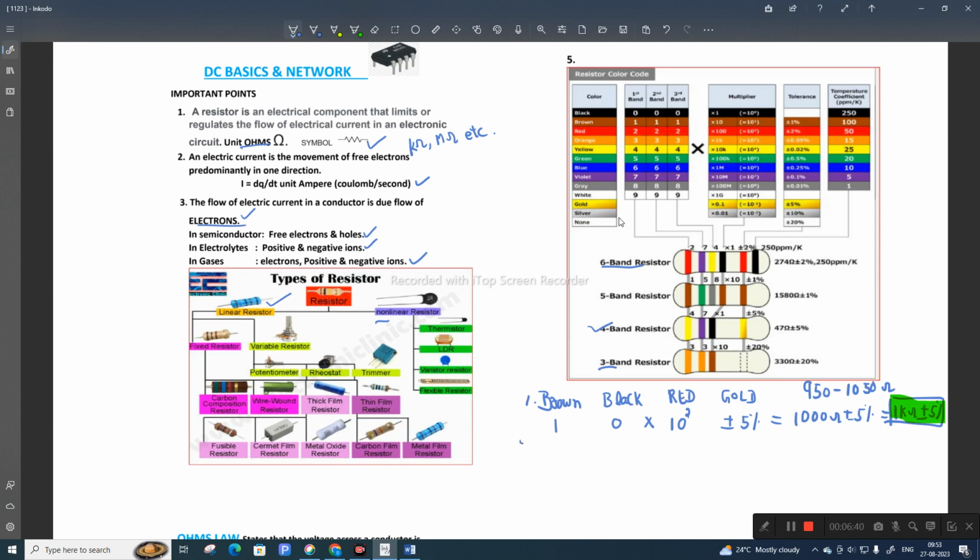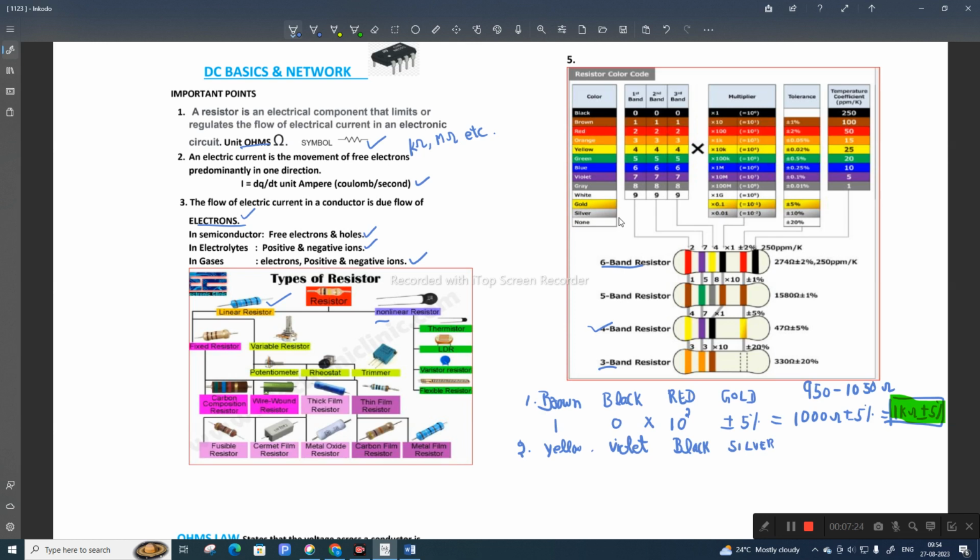Next example. Yellow, violet, black, silver.